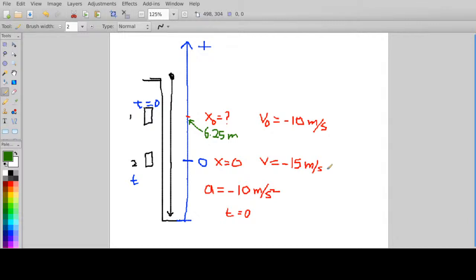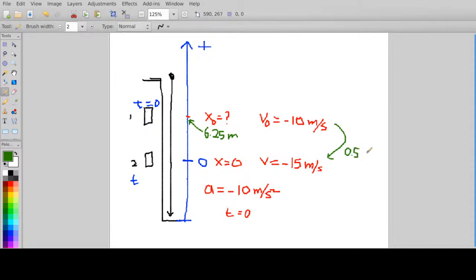Acceleration is how much you speed up per unit time, or at what rate the velocity increases or decreases. Here the velocity is increasing from negative 10 to negative 15. I say increase, I know it's becoming more negative, but in terms of absolute value, it's falling faster, at 15 meters per second. And we know that the time in between the two was 0.5 seconds.